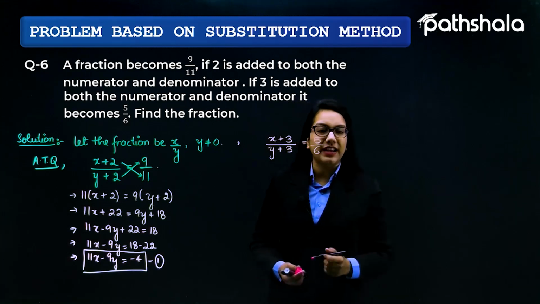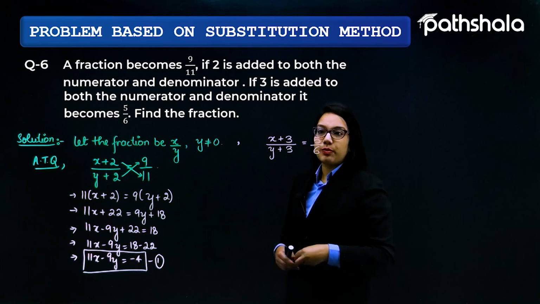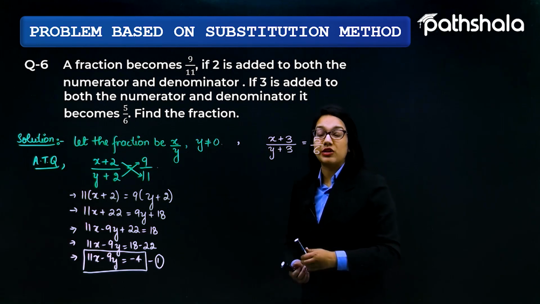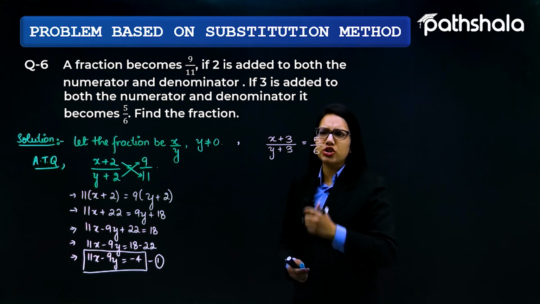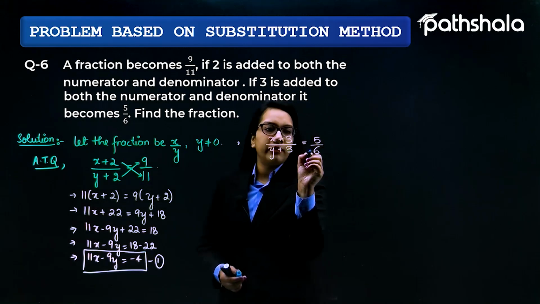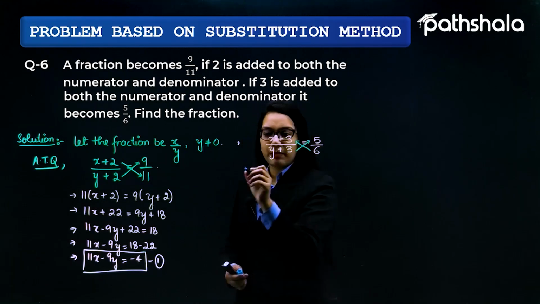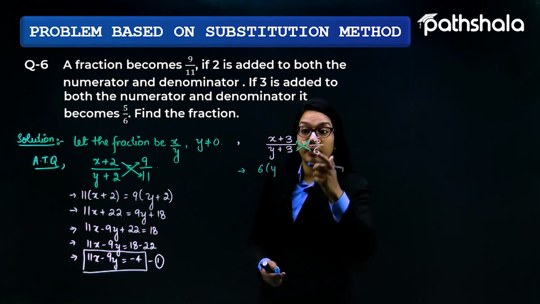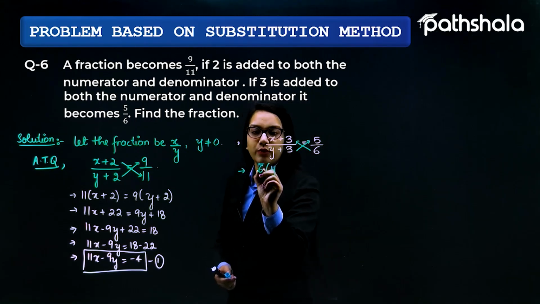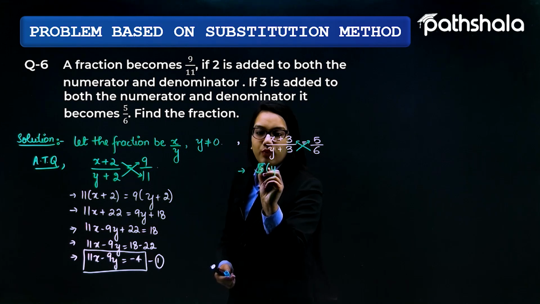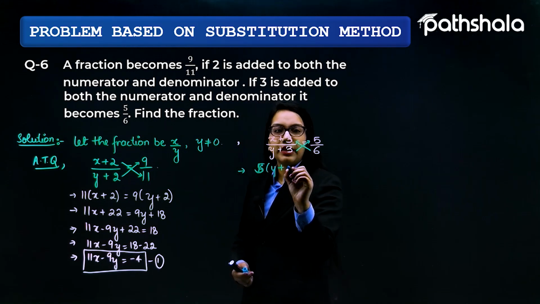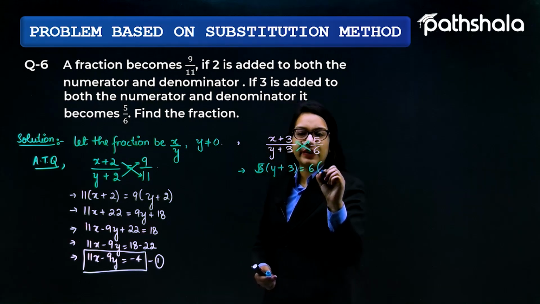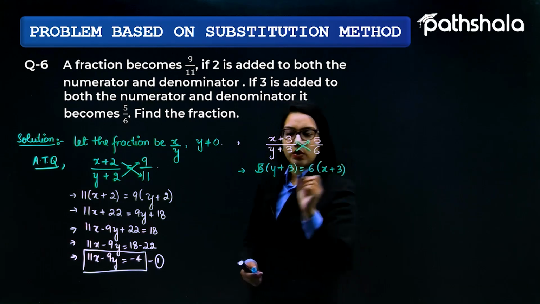This must be our second equation: x plus 3 by y plus 3 is equal to 5 by 6. Now let's solve this equation. Cross multiplying, we have 6 into x plus 3 equal to 5 into y plus 3. Let's sort it out.